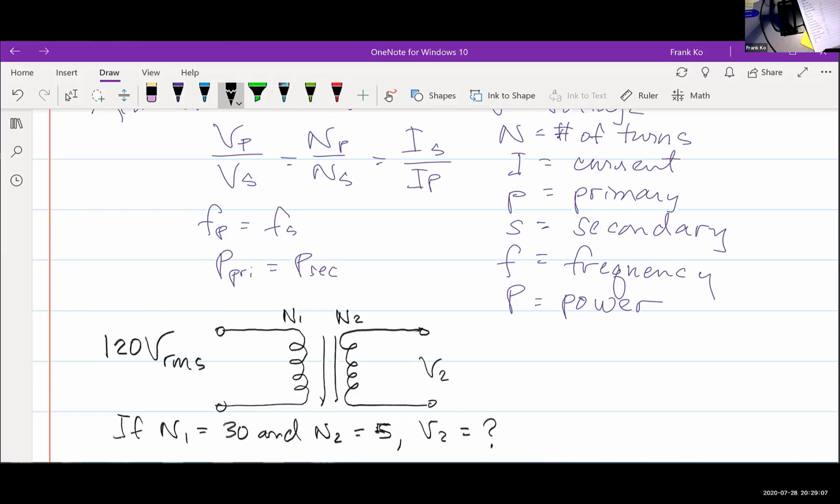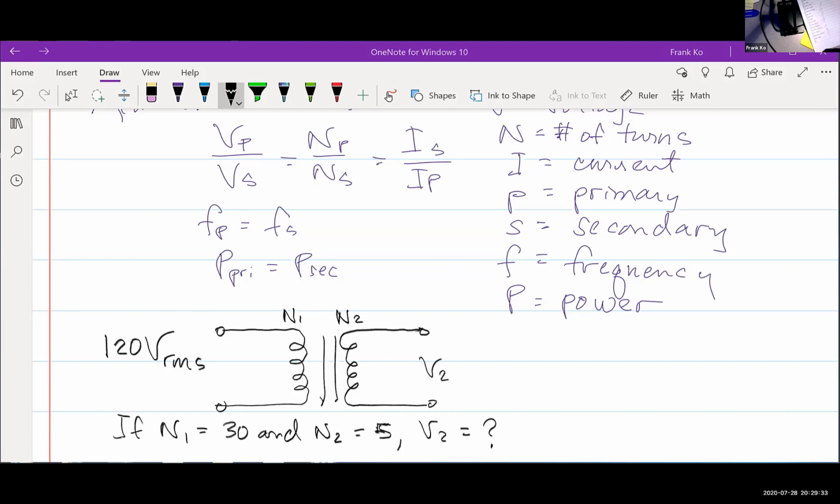You can transfer it more neatly into your notebook later, but scribble this guy out. You have one set of coils on this side with a tap and a tap, 120 VRMS. I'm specifying N1 on the top of the first coil, N2 on the top of the second coil, and V2 over here. What I'm asking you to decipher is, based on these formulas, what my V2 is going to be.